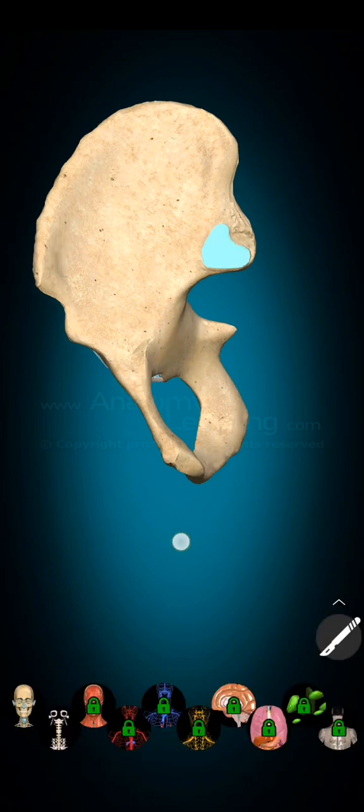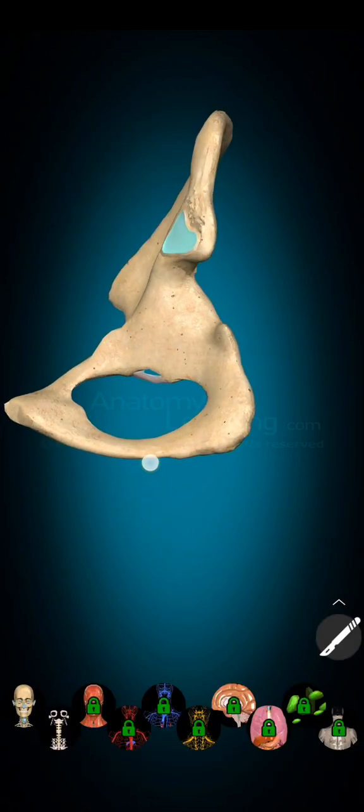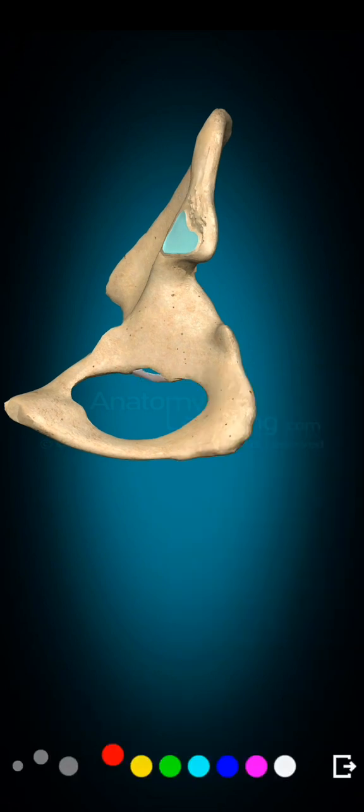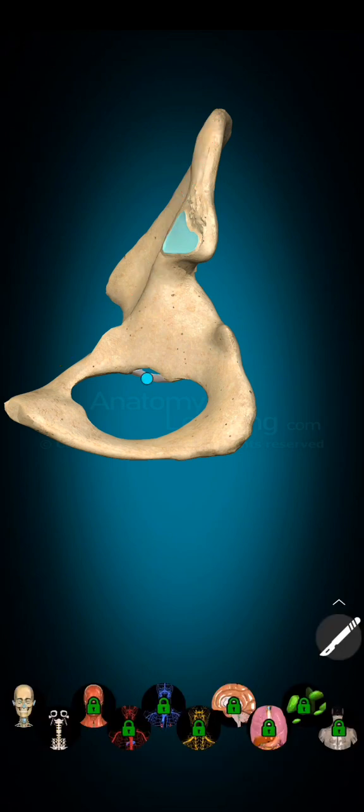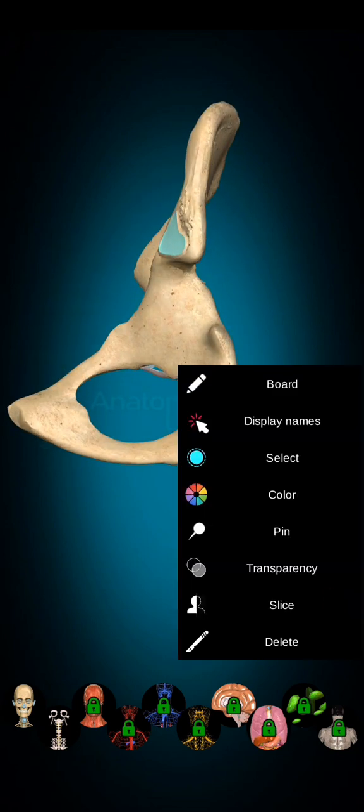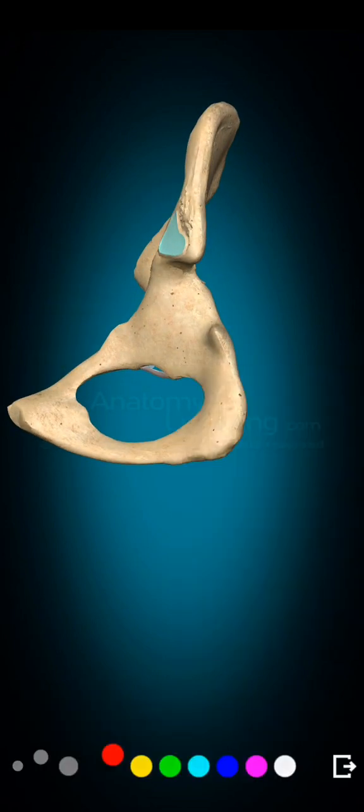When we bend it like this, we could see this margin on this side. This is said to be the medial border.